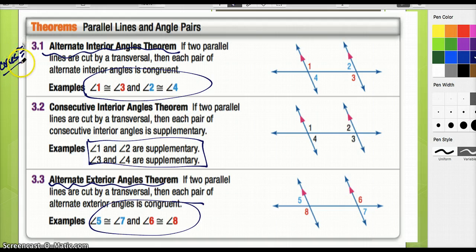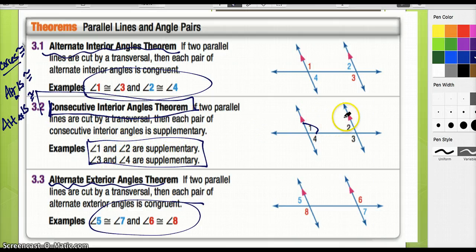Parallel lines cut by a transversal, corresponding angles are congruent. Alternate interior angles created by a transversal cutting parallel lines, those are congruent. Alternate exterior angles are going to be congruent again. The only thing that's not congruent is this guy. Consecutive interior angles, those are going to be supplementary.